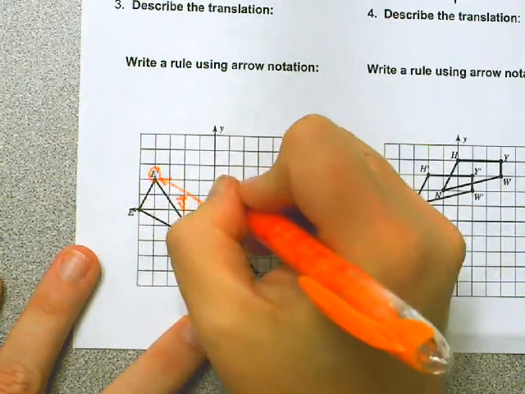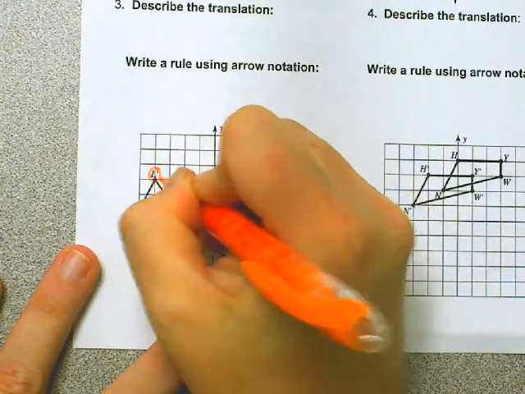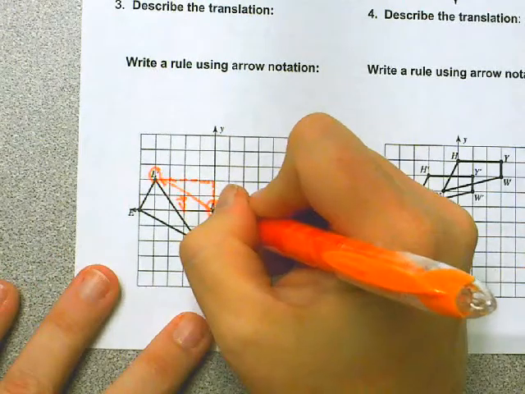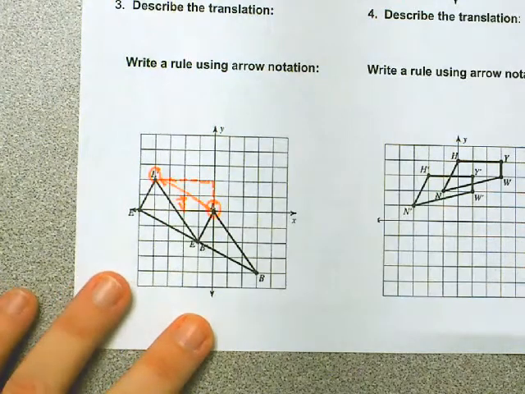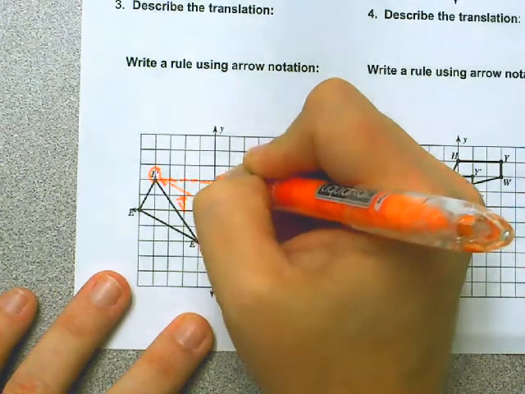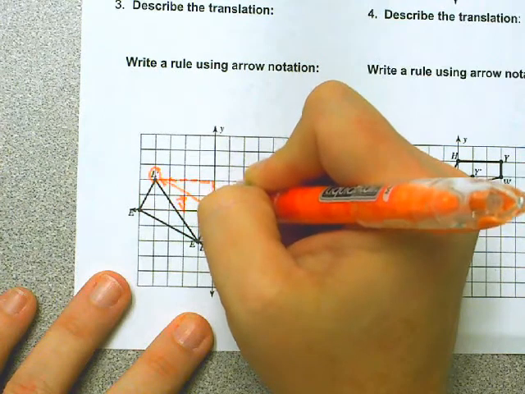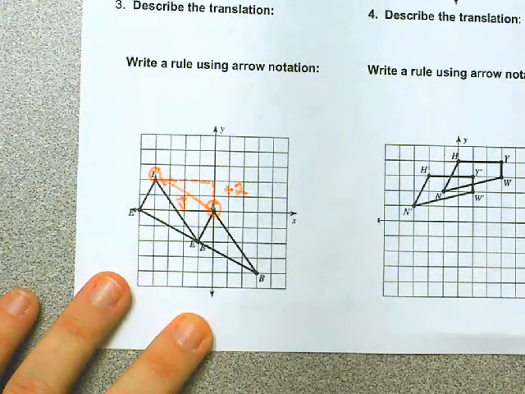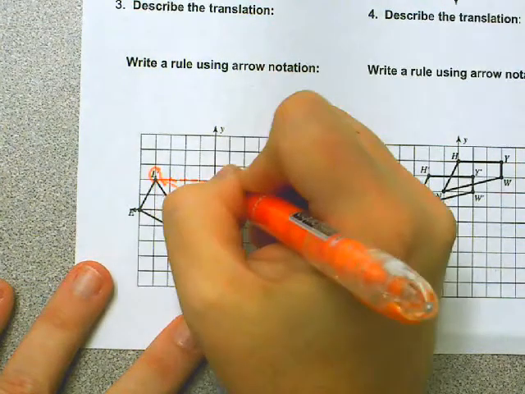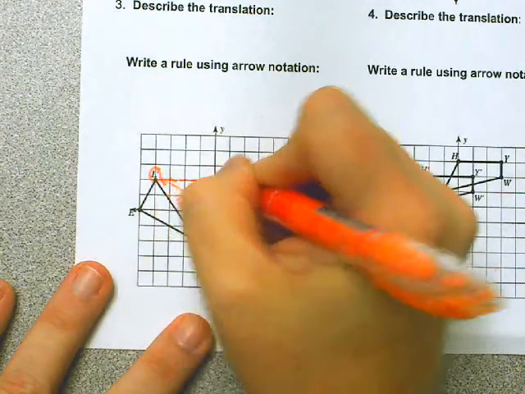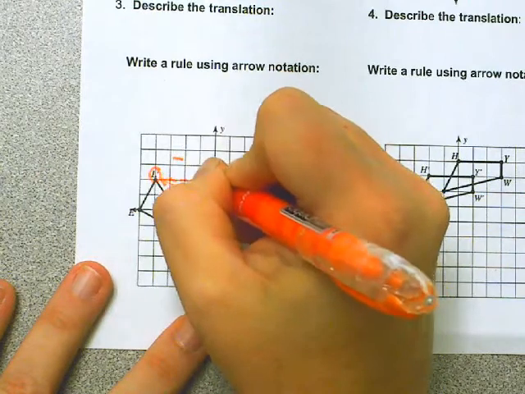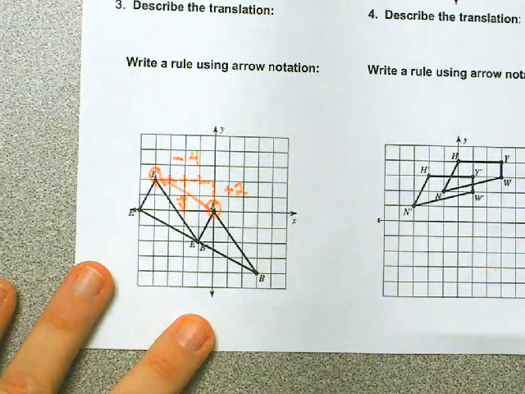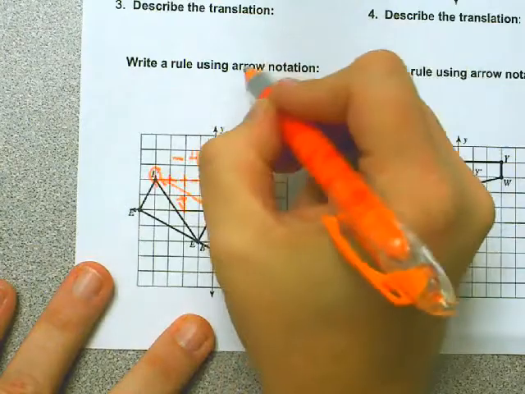This arrow or vector is the hypotenuse of an invisible right triangle that will help us figure out how we got from our original location to our prime location. How much did we move in the y-axis? I moved up 2 units. How much did I move in the x-axis? I moved to the left, so that's negative 1, 2, 3, 4 units.